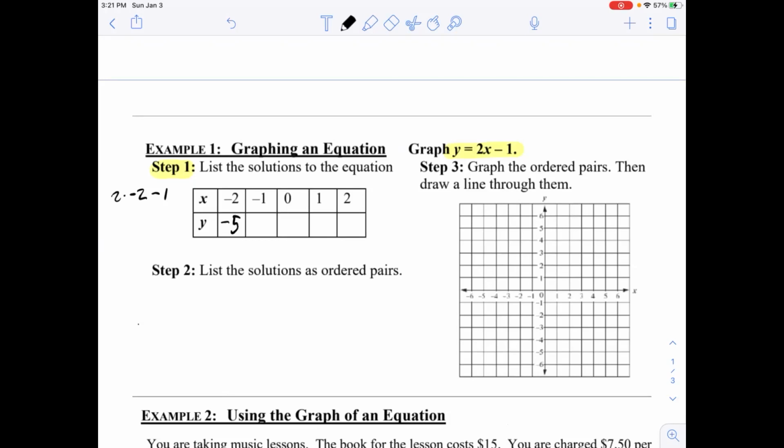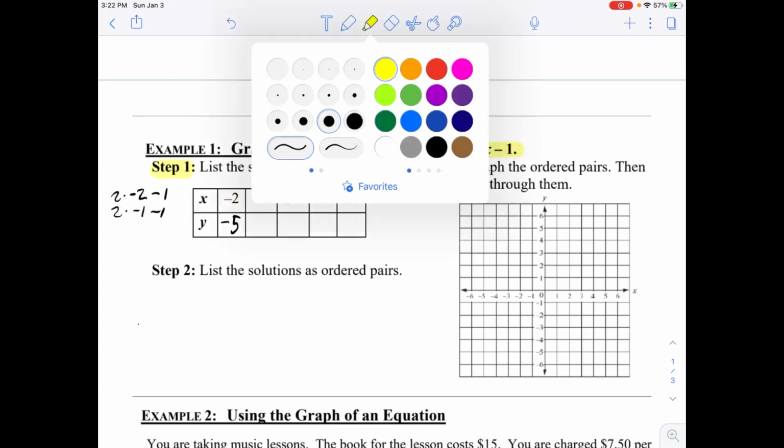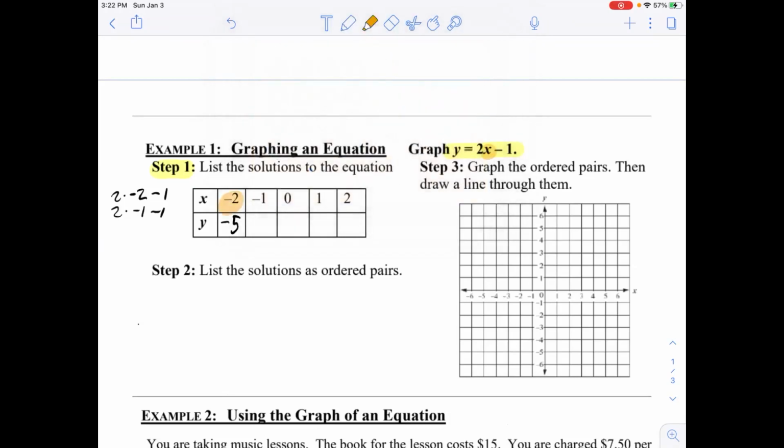Now we can continue doing this for each step. If x is negative 1, we do 2 times negative 1 minus 1. Each time I'm just taking my x and plugging it in for the x in this equation here. So 2 times negative 1 is negative 2, minus 1, that's negative 3.